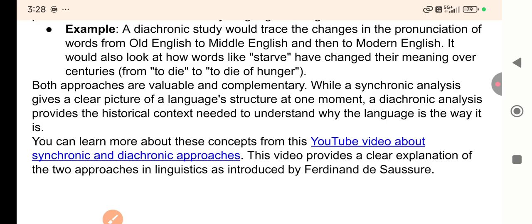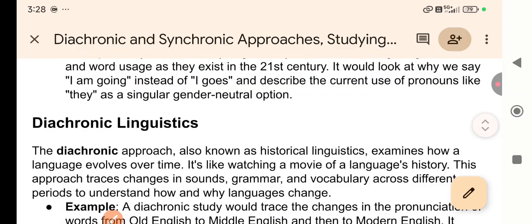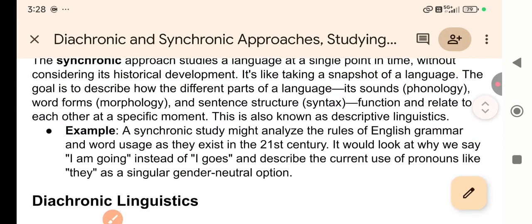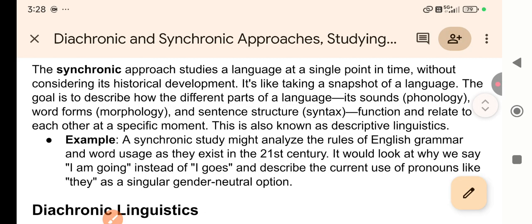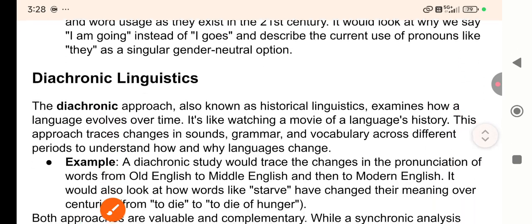One is just a snapshot of a language. When you take a snapshot of a language, that is called synchronic.